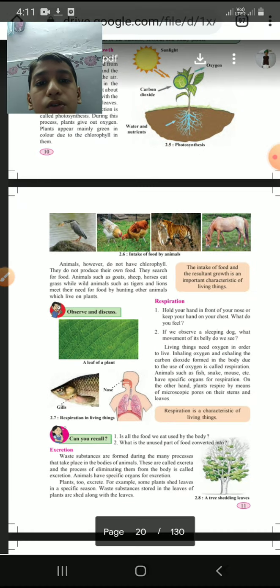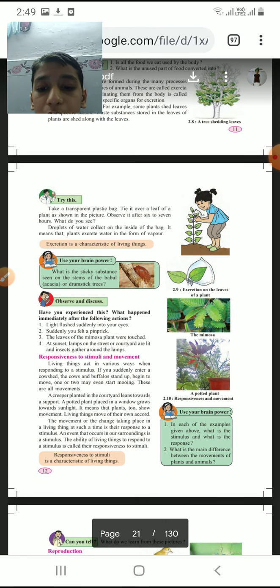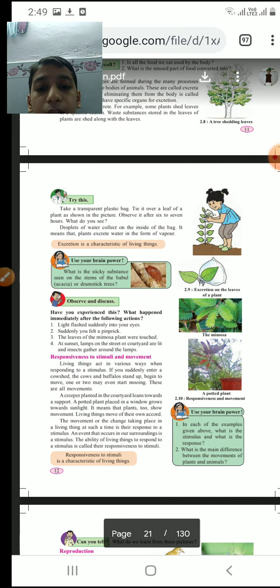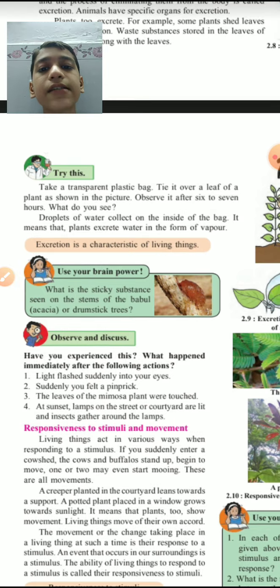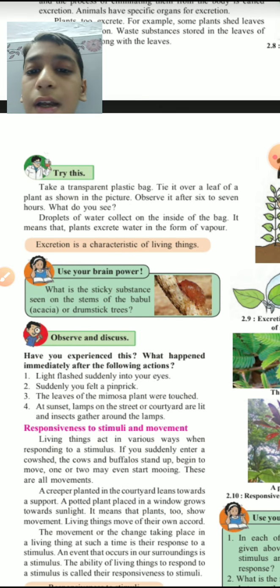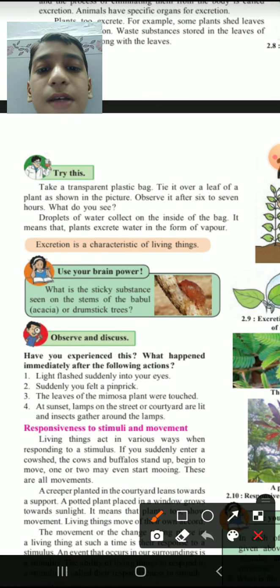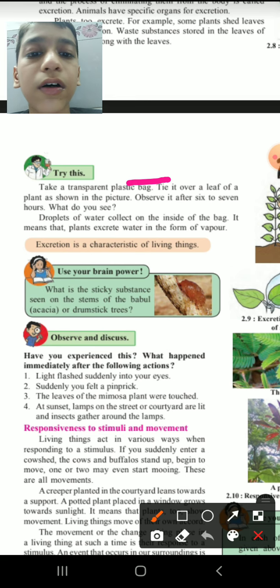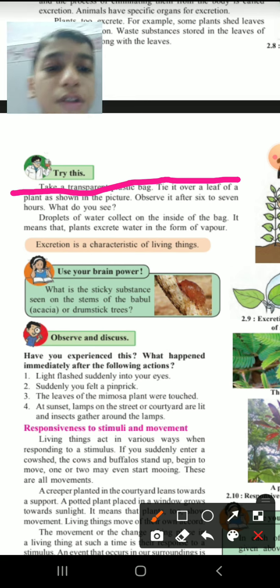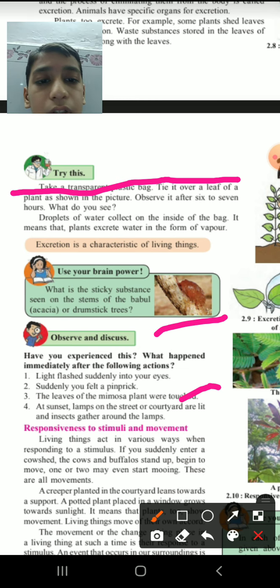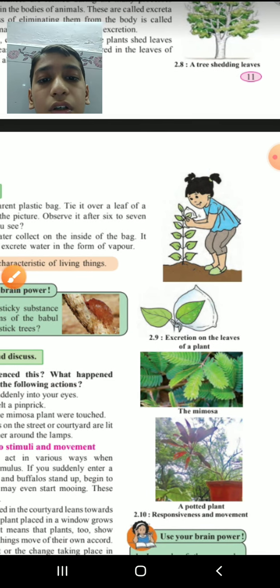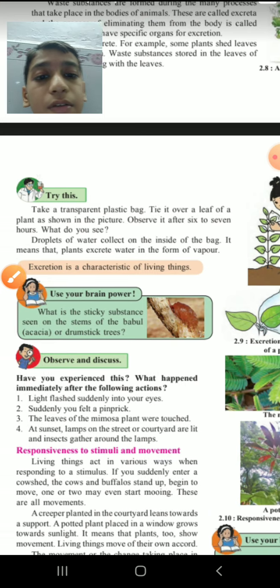Now, students, open page number 12. Try this at your home, students. Take a transparent plastic bag and tie it over a leaf of a plant as shown in the picture.